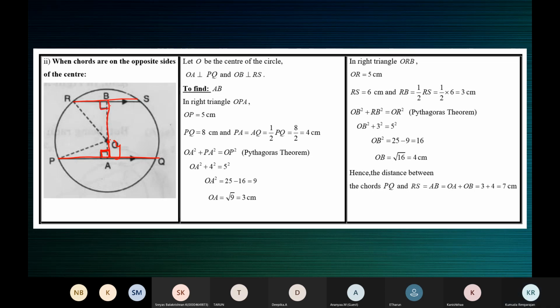OB is more than OA. That's not going to affect your answer if you make the figure a little different. I'm just telling you, longer the chord, shorter is its distance from the center. Shorter the chord, longer is its perpendicular distance from the center.